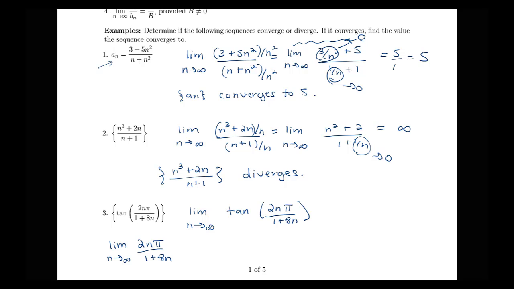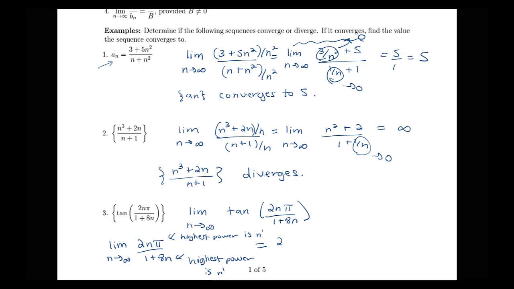Notice that the highest power in my numerator and denominator is n. So highest power is n to the first in both cases. So I know that the value of my limit there is going to be equal to the ratio of the coefficients of those highest order terms that are the same in the numerator and denominator.